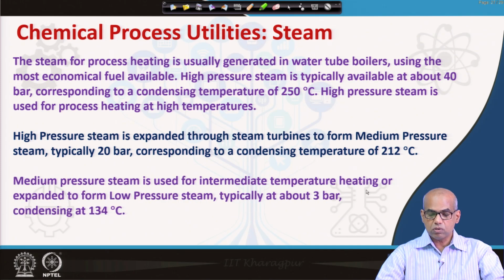Medium pressure steam is used for intermediate temperature heating or expanded to form low pressure steam, typically at about 3 bar, condensing at 134 degrees Celsius.